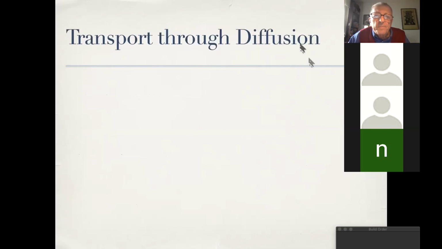All right. So diffusion plays a role in biology because it is the main mechanism via which biological objects perform what is called transport.